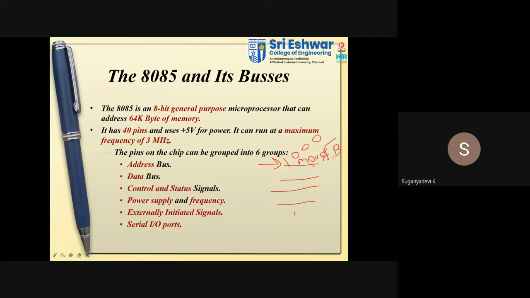After executing this first line of instruction, your program counter will increment by 1 to the next location, say address 1001. The instruction will be ADD A comma B.